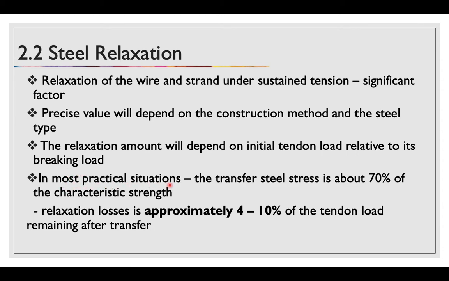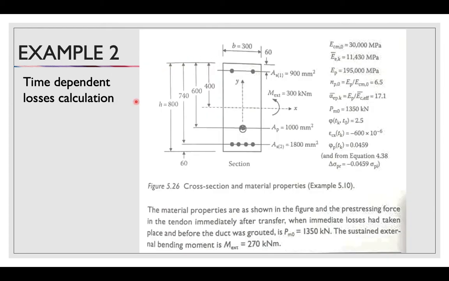In most practical situations, the transfer steel stress is about 70% of the characteristic strength, with the relaxation losses approximately 4 to 10% of the tendon load remaining after the transfer. So this is another type of time dependent losses.